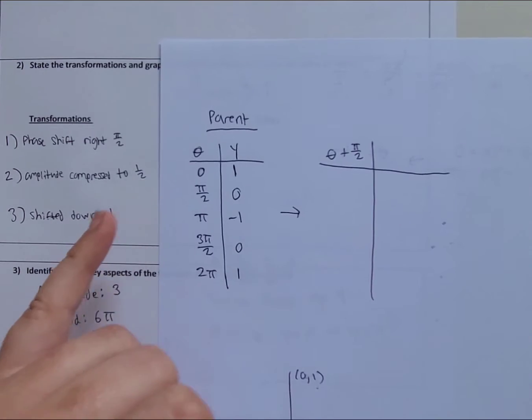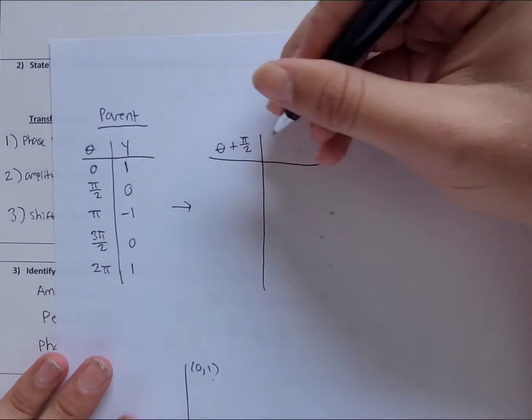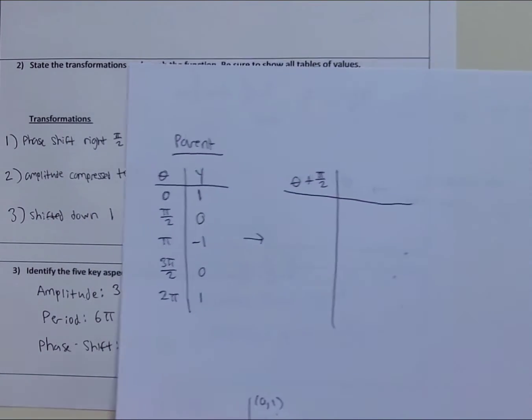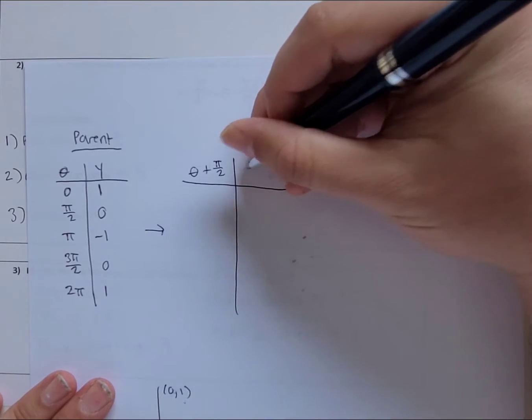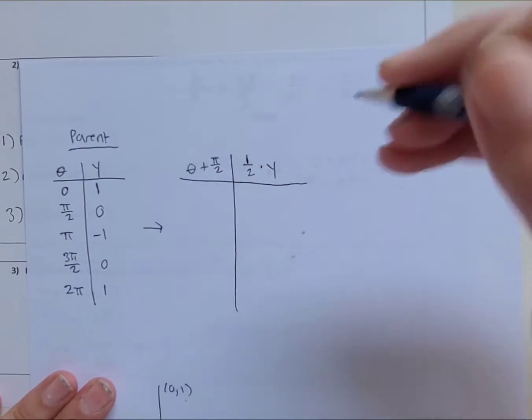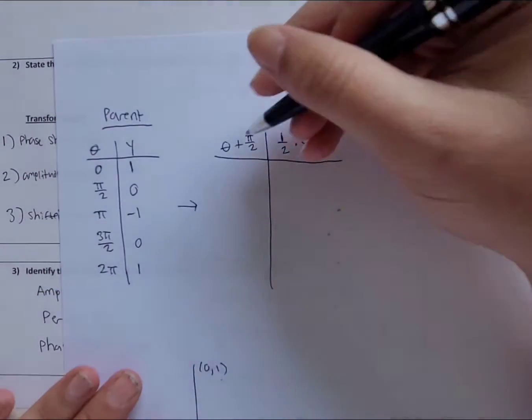And remember, it does matter the order that we apply these in. So first I need to do multiplication because that comes before subtraction in PEMDAS. So I need to multiply all my y values by 1/2. That's applying my compression of my amplitude.